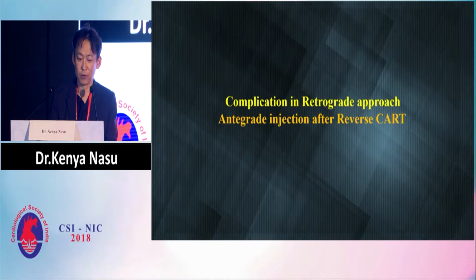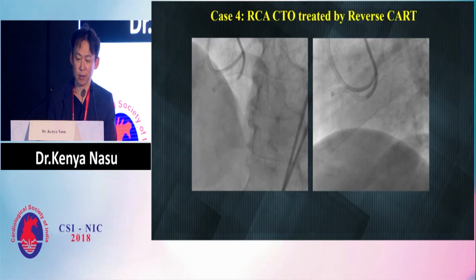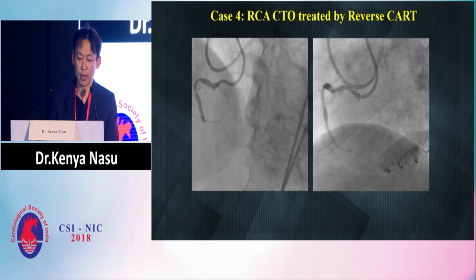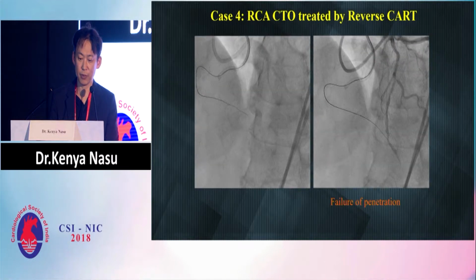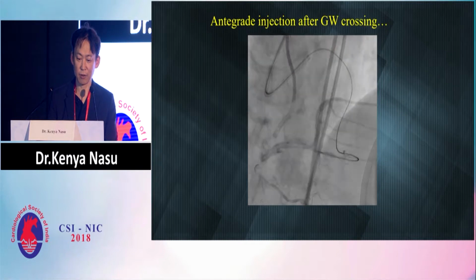And also I will show some iatrogenic complications. Antegrade injection after reverse CART is sometimes risky. This is an RCA CTO. Anyway, we used the retrograde approach and a gentle antegrade shot.